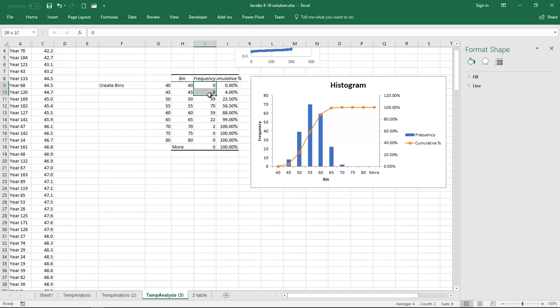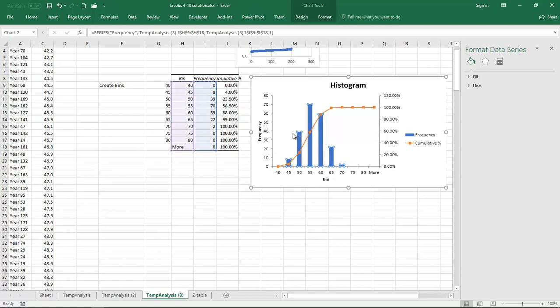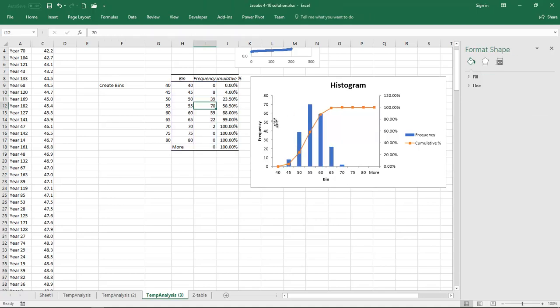So this column here is what each of these blue towers, each of these columns, originates from. That little blue bar is 8 high, the next one is 39 high, the next one is 70 high. We're just counting the number of times we have temperatures in these ranges.